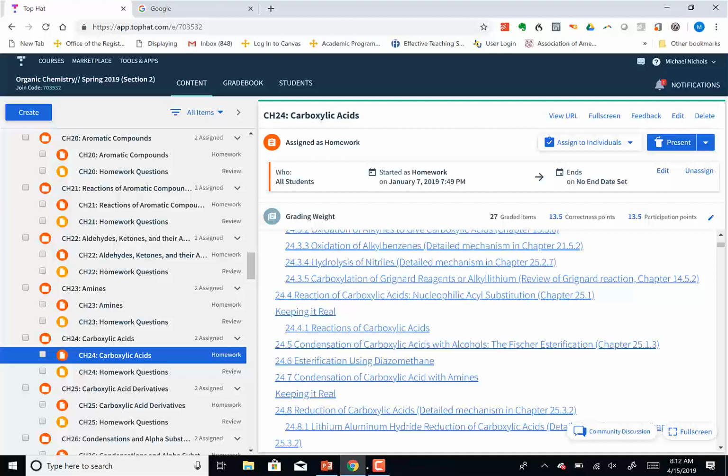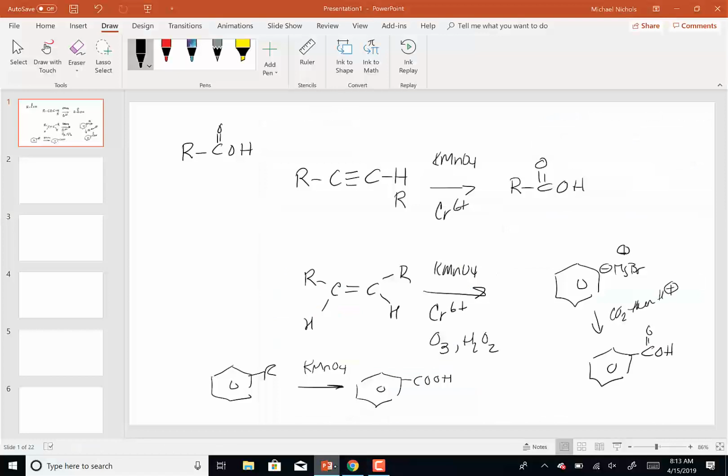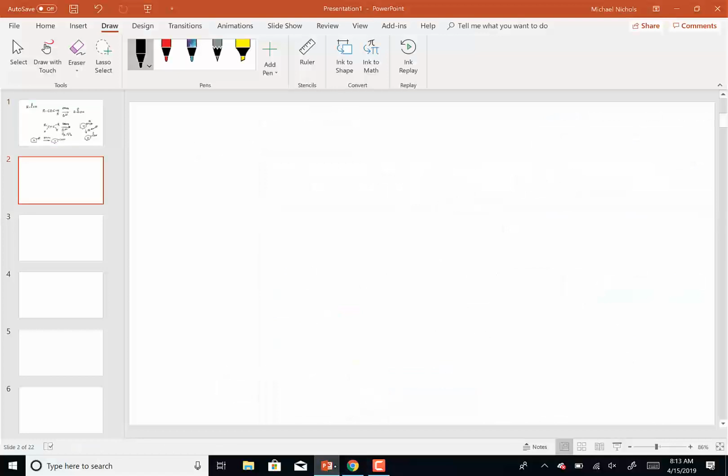Okay, so now let's talk about reactions of carboxylic acids. In terms of reactions of carboxylic acids, we can start with that reaction, which is called... what kind of esterification?